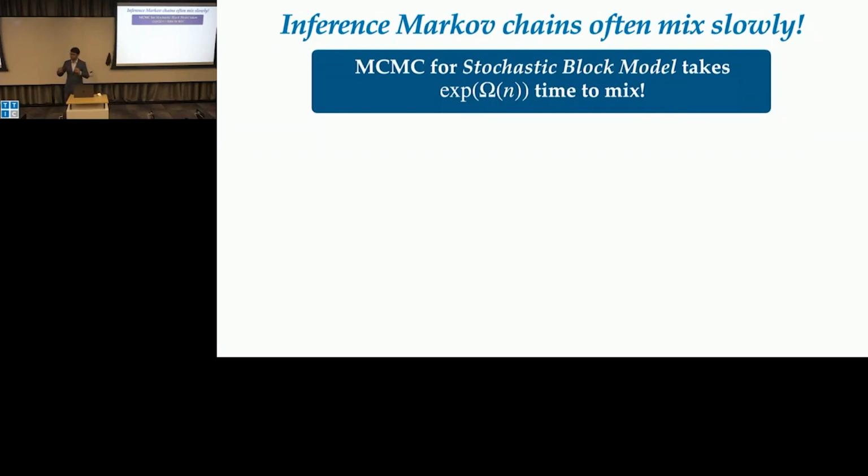Okay, so I can set up parameters for my block model so that the planted cut cuts maybe 48% of the edges. But now if I look at the minimum bisection in the graph, that maybe only cuts 40% of the edges. And further, the partition which cuts only 40% of the edges is basically uncorrelated with the planted structure.